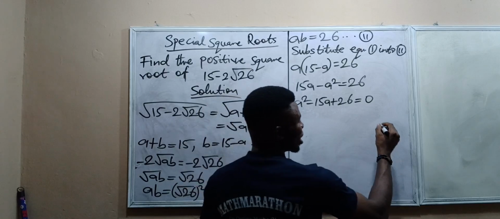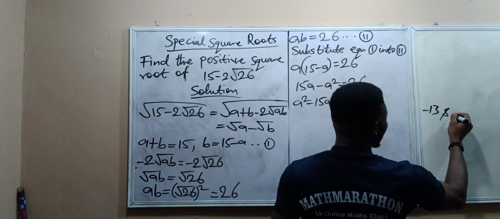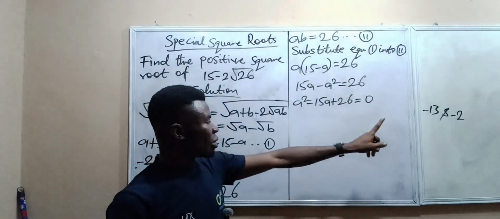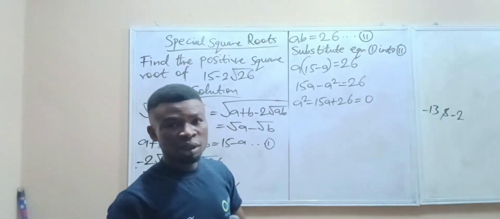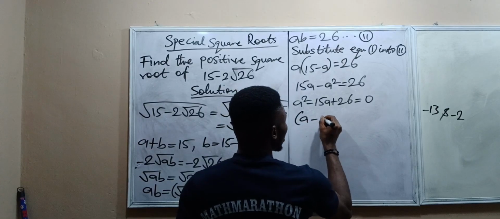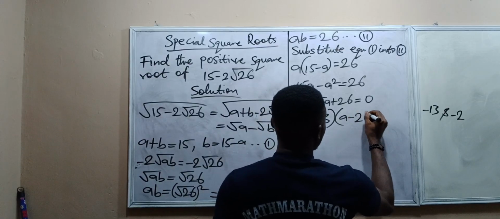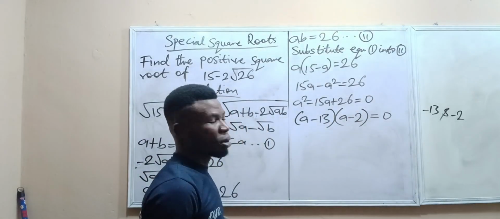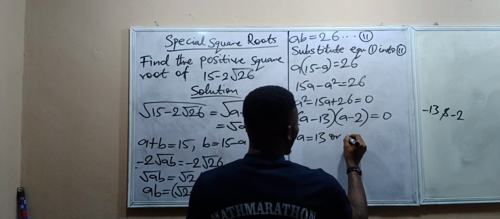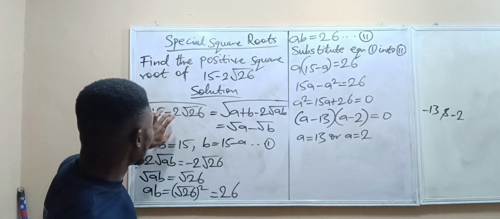And those numbers are minus 13 and minus 2. If you add minus 13 and minus 2, you get minus 15. And if you multiply minus 13 times minus 2, you get 26. So we say to factorize this, a minus 13 into a minus 2, and this is equal to 0. And here we have that a is equal to 13 or a is equal to 2.